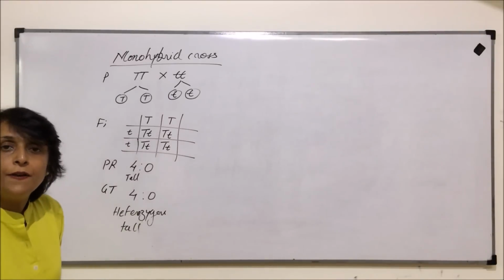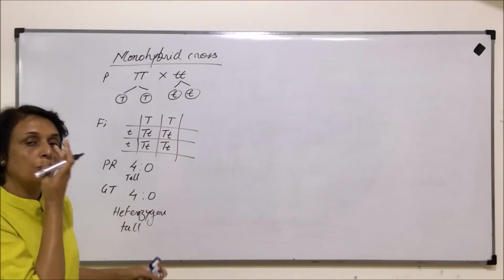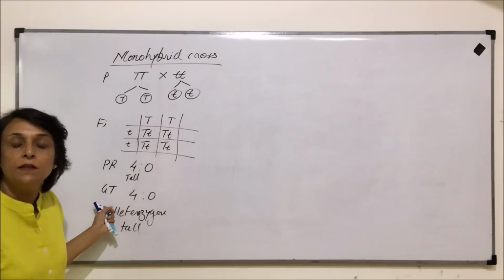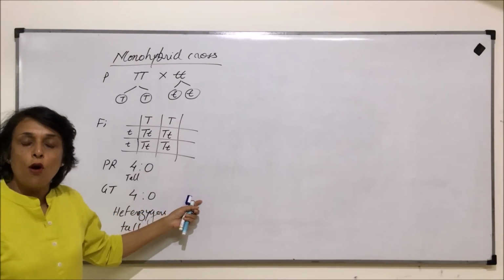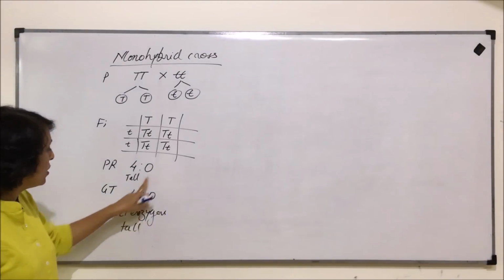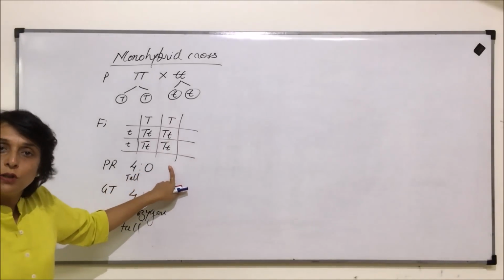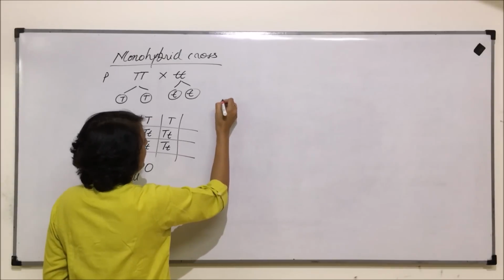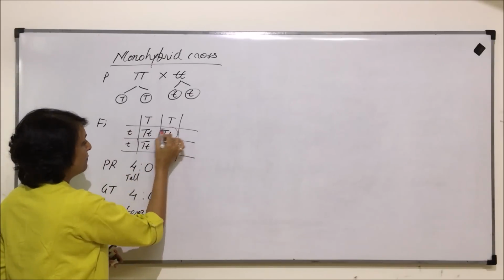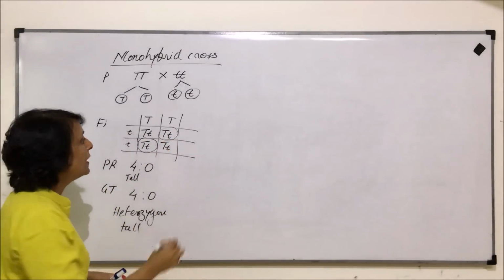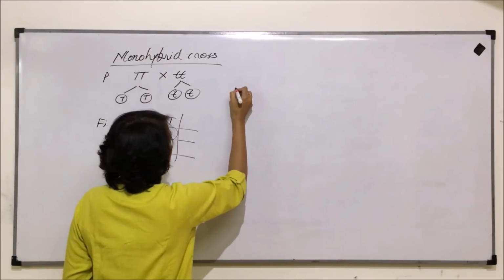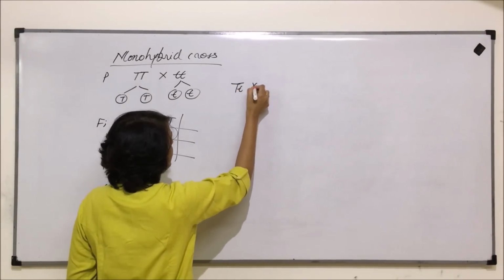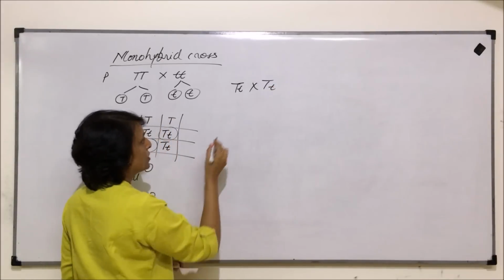Now on selfing, when we get the F2 ratio, we don't have to worry about F1 because according to the law of dominance, all F1 offspring are going to show the dominant trait. But if we go to F2 on selfing, that means we cross the members of F1, heterozygous crossed with heterozygous.